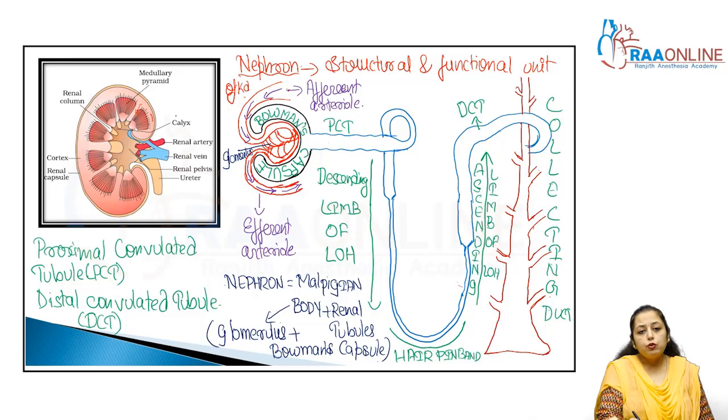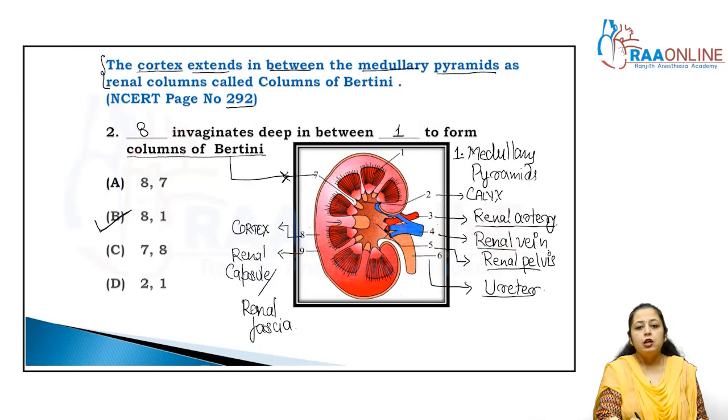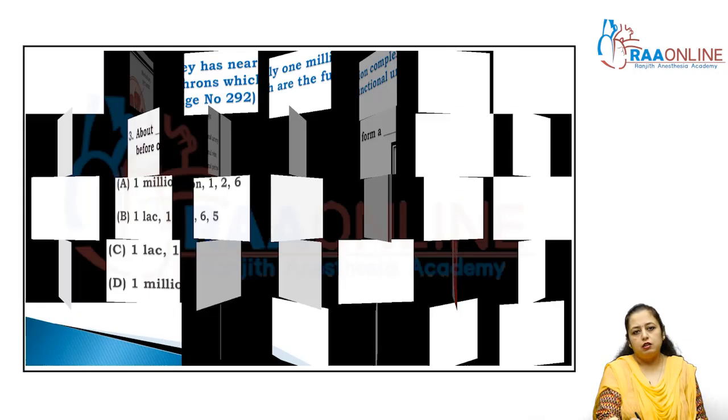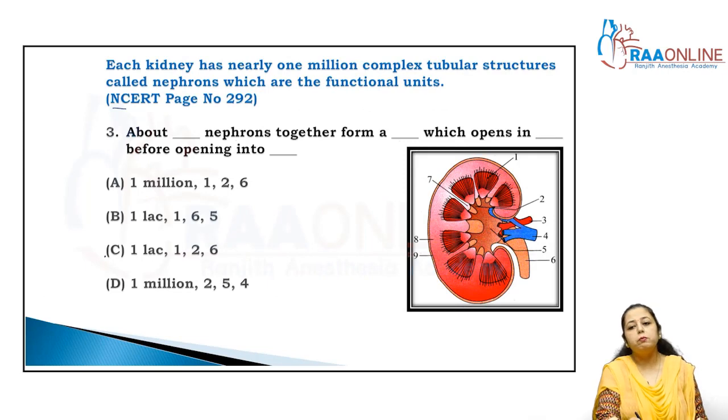In the kidney, each kidney has approximately 1 million complex tubular structures, which are called nephrons, the functional unit. This is the exact line of NCERT given on page number 292, in the second paragraph, the first 2-3 lines.